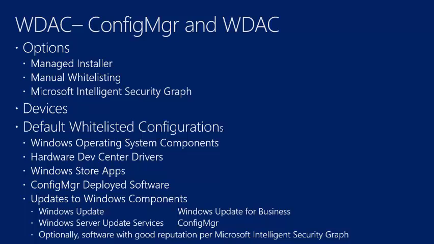Now here's something really, really important to understand. This is a one-time thing only. So when you deploy the policy, and let's just say, for example, Program Files is in the path as trusted, then Config Manager will scan everything in Program Files and create a trust list for things that it finds there. Anything in Program Files at the time the policy is applied will run and be trusted, no issue.